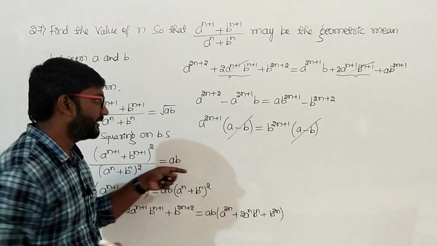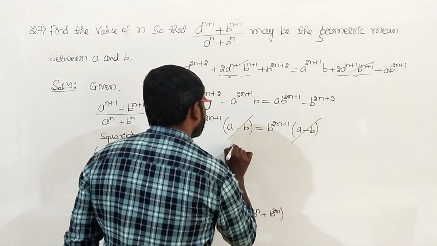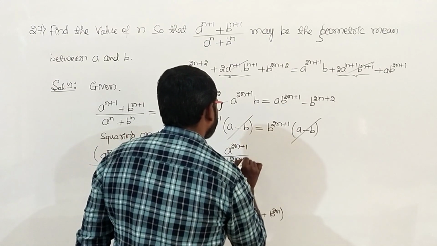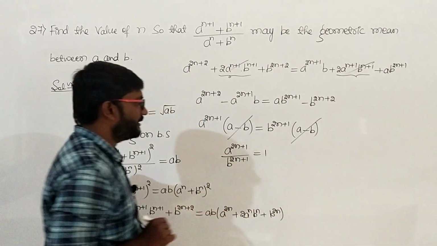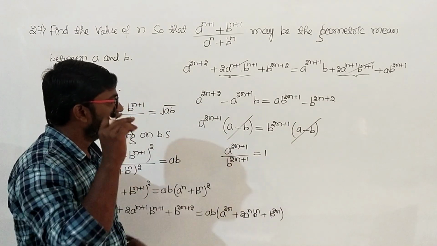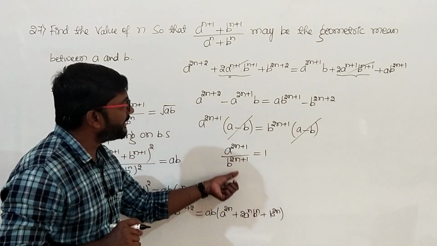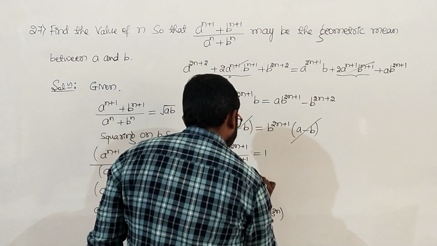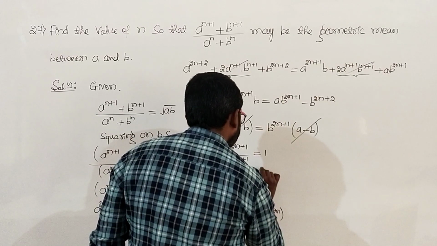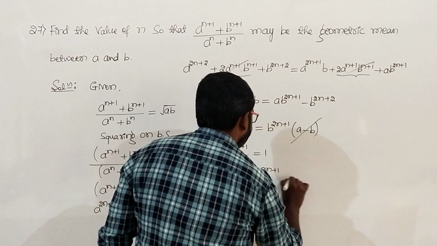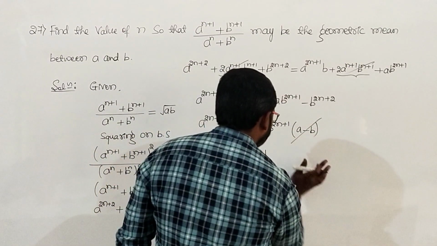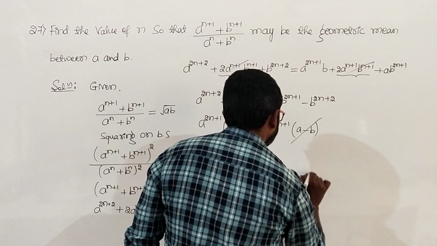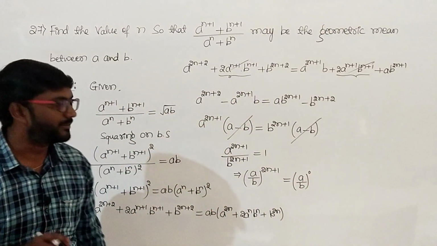Take this to the denominator. We have a raised to 2n plus 1 divided by b raised to 2n plus 1, which is equal to 1. So here the power applies to both, it becomes a by b whole raised to 2n plus 1. This implies a by b whole to the power 2n plus 1, and here 1 can be written as a by b whole raised to 0.